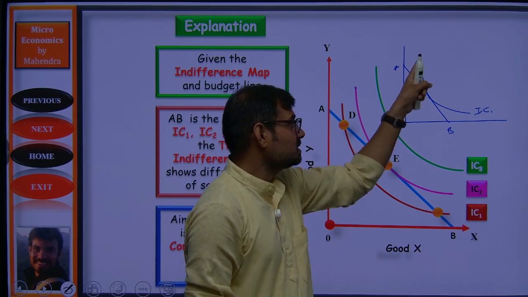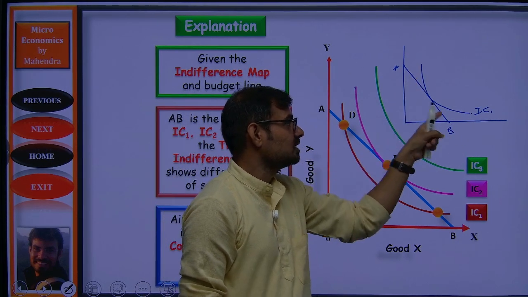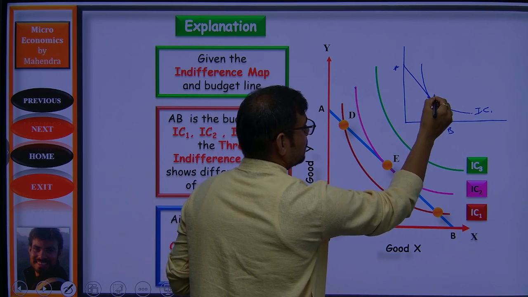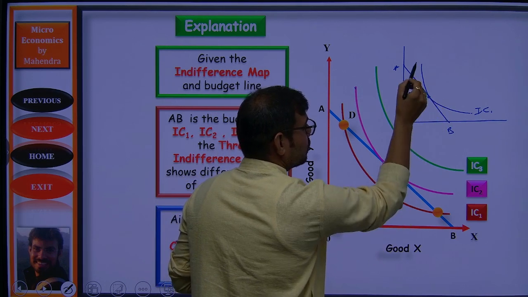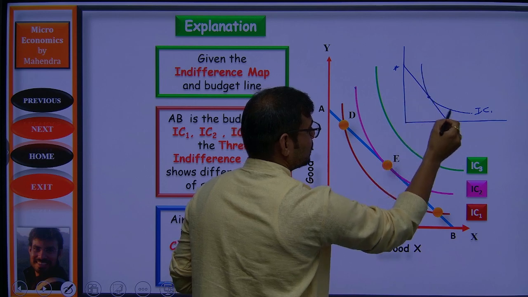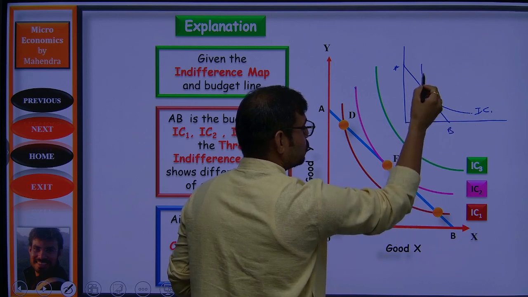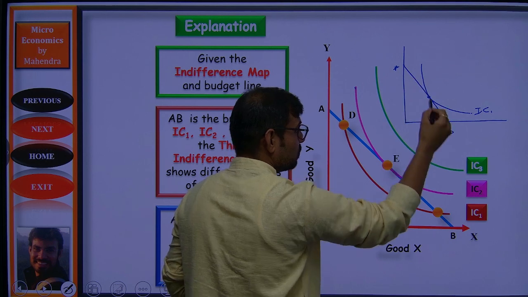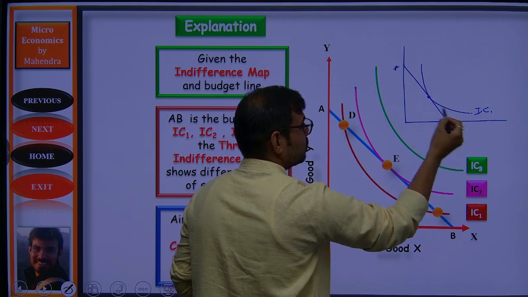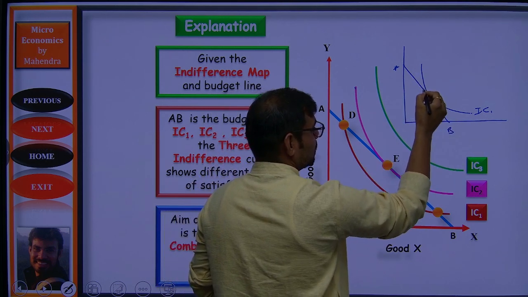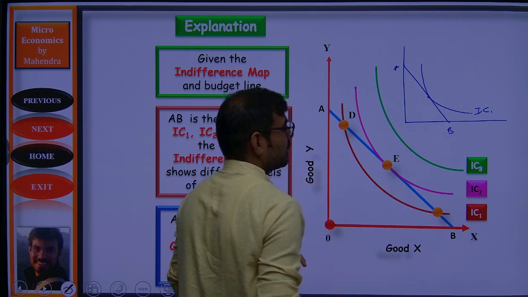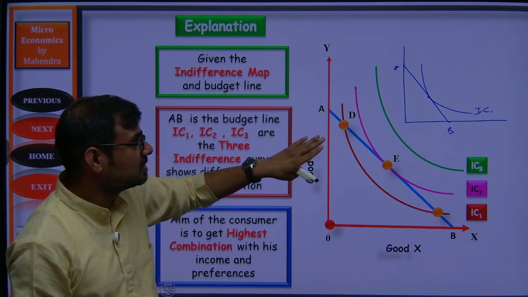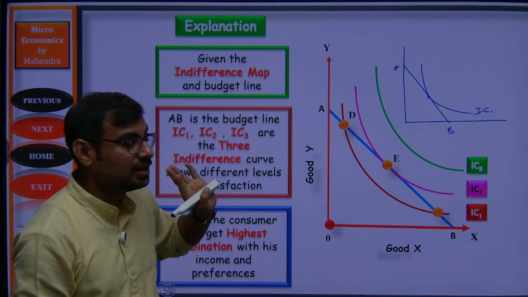Secondly, the indifference curve is convex to origin. This we also see. And at this point E, the slope of your budget line and the slope of your IC are both equal. Okay, this is where it is touching. So tangency means the slope of the budget line is equal to the slope of the indifference curve.